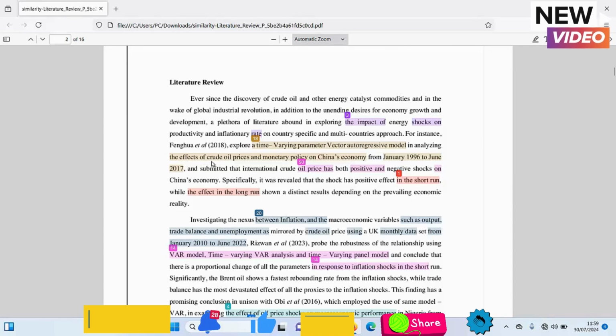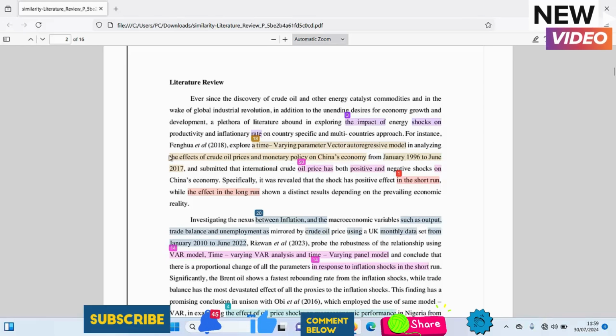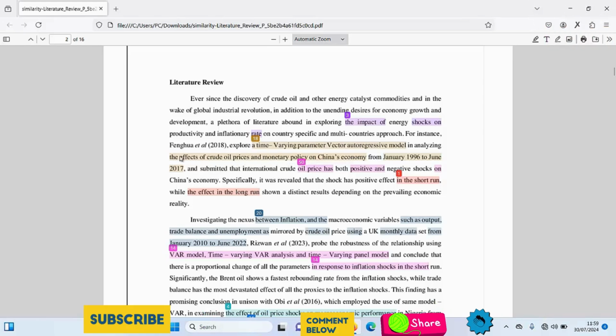The nexus between energy price, you can see crude oil price has been deleted. Energy prices and monetary policy. By the time you exclude this, the effects of crude oil, monetary policy will not be highlighted again.